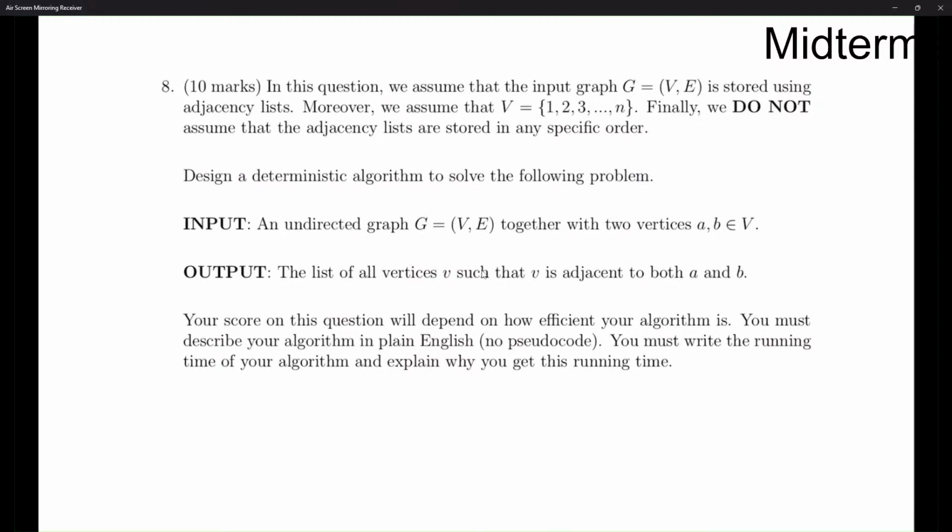G is stored using the adjacency list. We assume that vertices are 1 to n. We do not assume that adjacency lists are specified in any specific order.